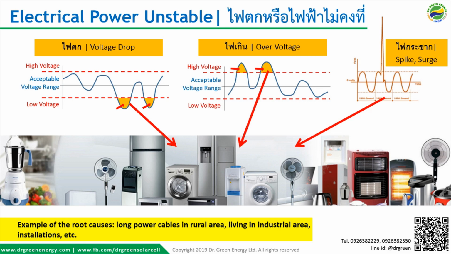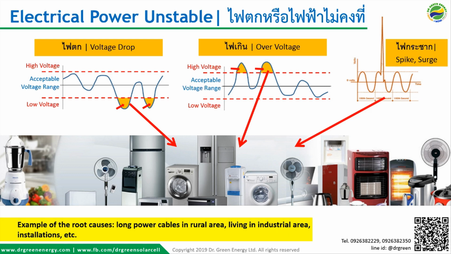So again, if you have noticed the symptom that the light dims by itself, or sometimes the fan turns slower by itself, and even with air conditioners, the speed of the wind, because the fan inside the air conditioner turns slower, the wind coming out is not as strong as usual.